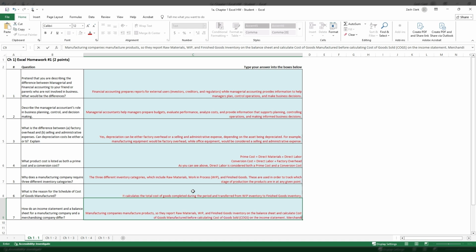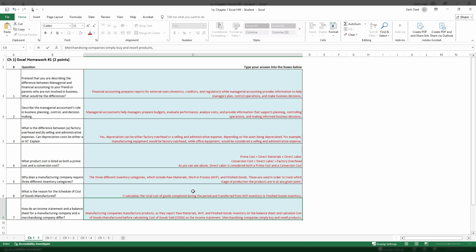So merchandising companies simply buy and resell products. They don't produce any products themselves. Some other manufacturer produced it at some point, and then it gets in the hands of, you might have heard the term, a middleman. A merchandising company can be thought of as a middleman: buying from the manufacturer and reselling it to the customer.